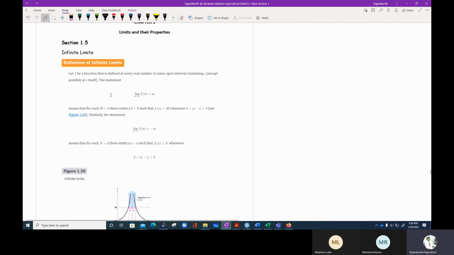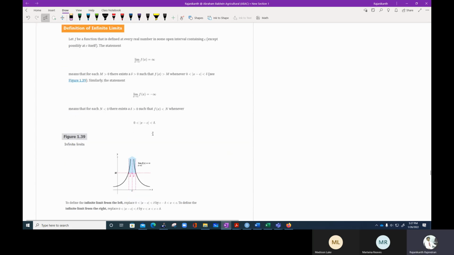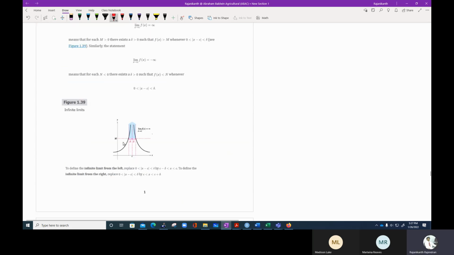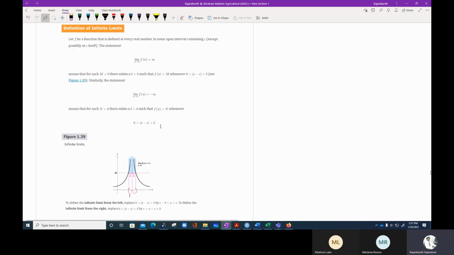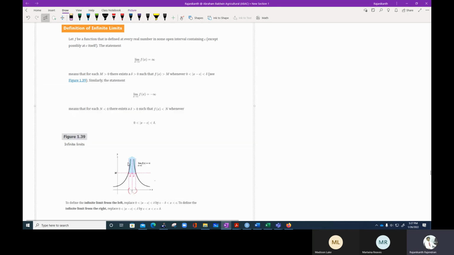Okay, so this is about finding limits, but this is infinite limits, where your answer is going to be infinity. If you are given a function on an open interval that is defined everywhere except at one point C, and at that point the limit is infinity, then we say the function has an infinite limit at C. Only one point is not good, the function is undefined there; other than that, the function is very good.